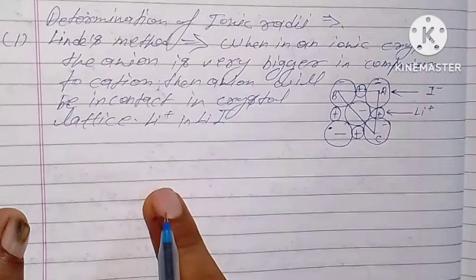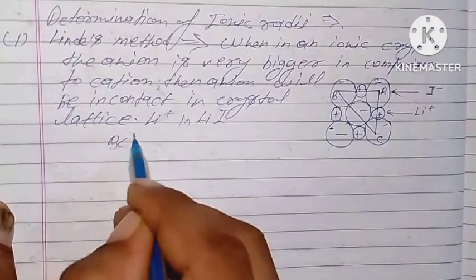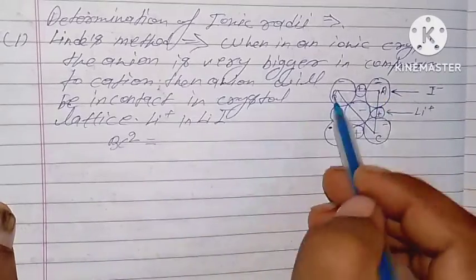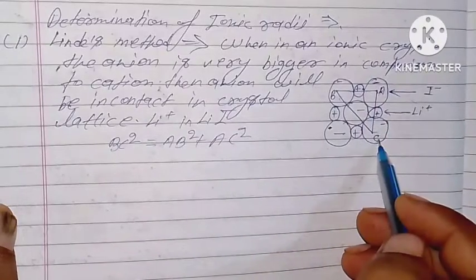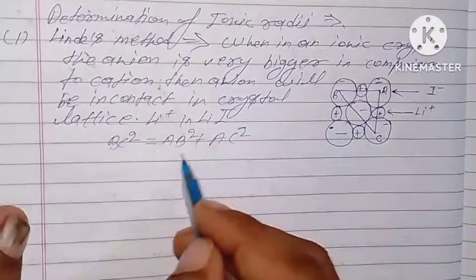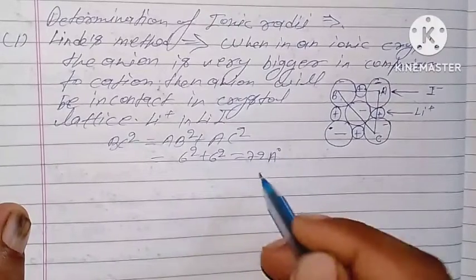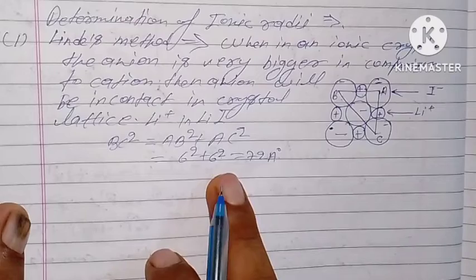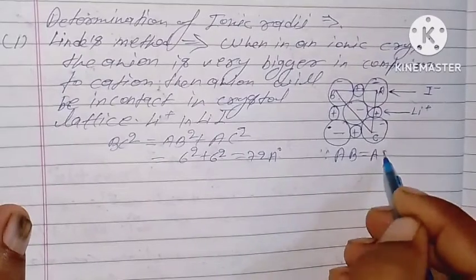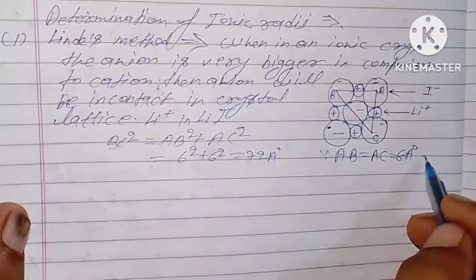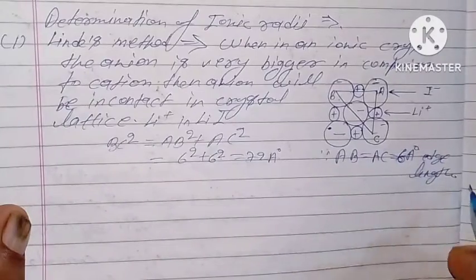By experiment, according to the figure, BC square equals AB square plus AC square, which is 6 square plus 6 square equal to 72 angstrom square, since AB equals AC equals 6 angstrom edge length.